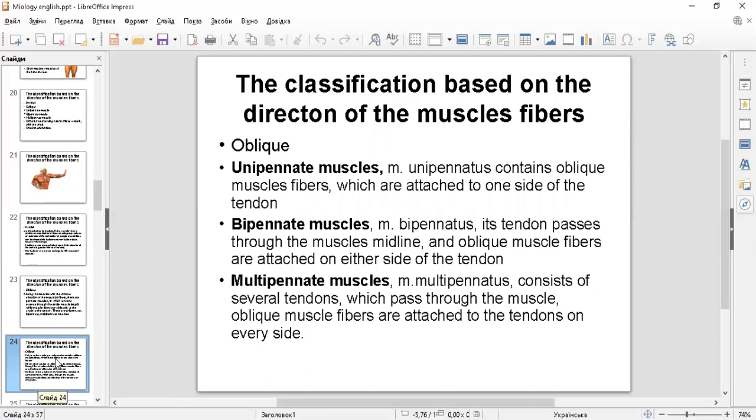Unipinnate muscles, musculus unipinnatus, contain oblique muscle fibers which are attached to one side of the tendon. Bipinnate muscles, musculus bipinnatus: its tendon passes through the muscle's midline and oblique muscle fibers are attached on either side of the tendon.